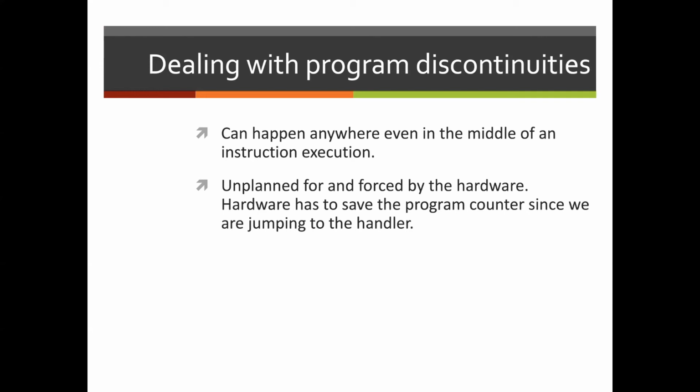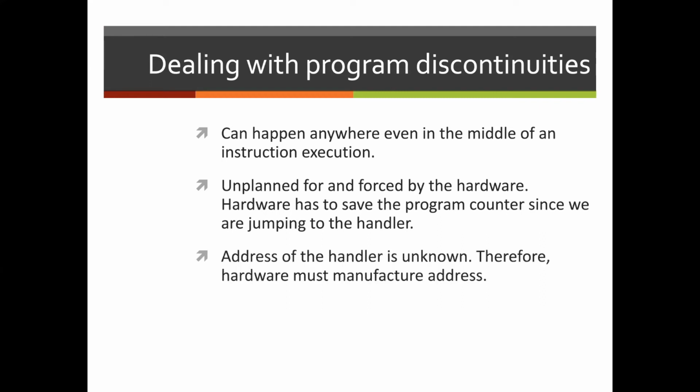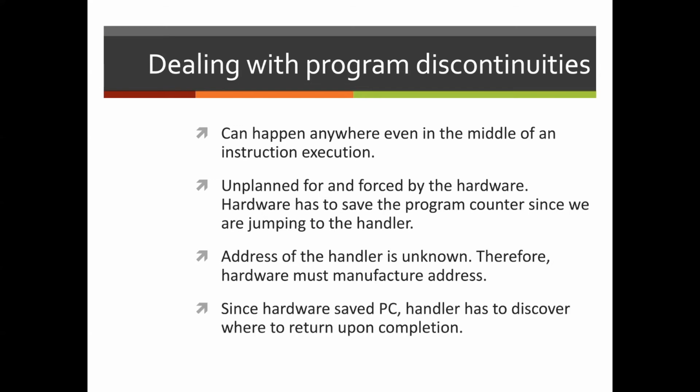So hardware needs to save the program counter since we are jumping into the handler. The address of the handler is going to be unknown, so therefore hardware must manufacture this address. And since hardware has to save the program counter, the handler has to discover where to return upon completion.